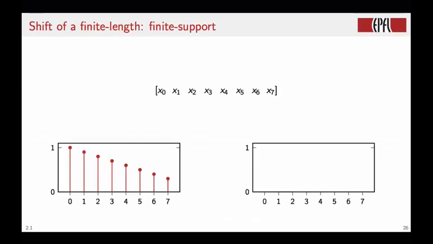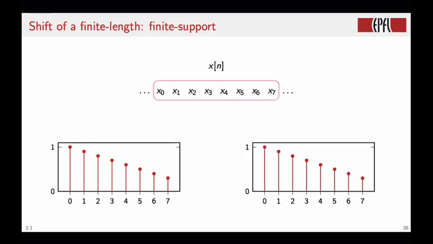Let's look specifically at these shifts on the various types of sequences we have seen. So the shift of a finite length sequence: we have on the left side the original sequence, which is this decaying set of samples, and we are going to shift it by extending this sequence with zeros left and right.